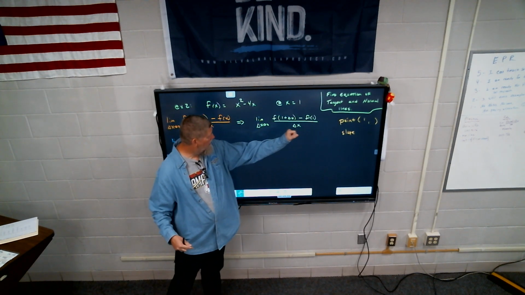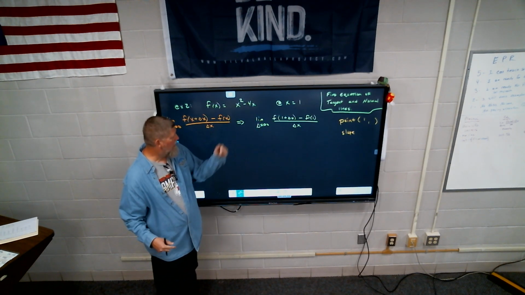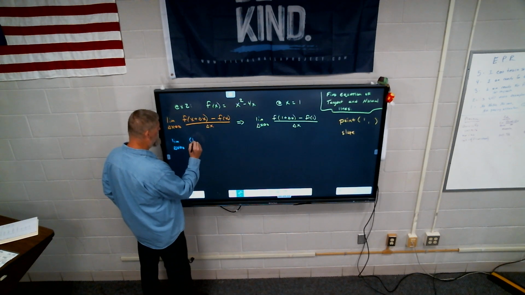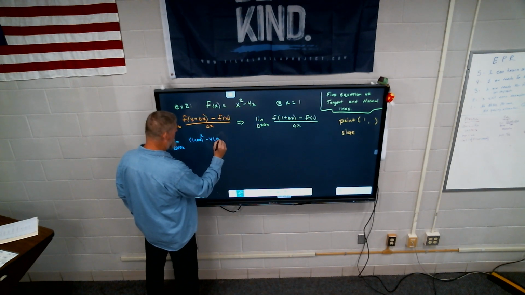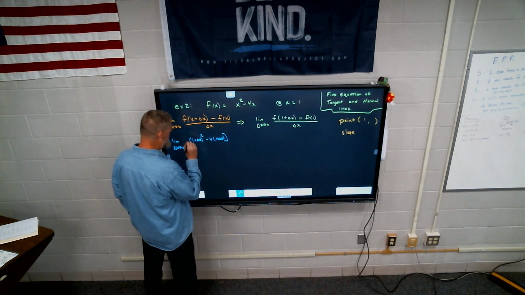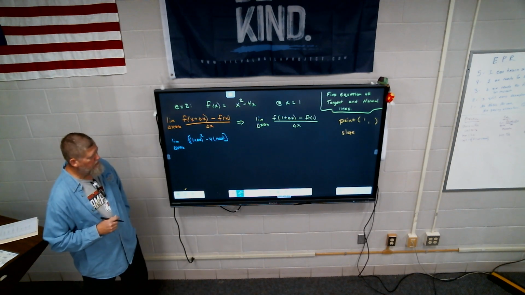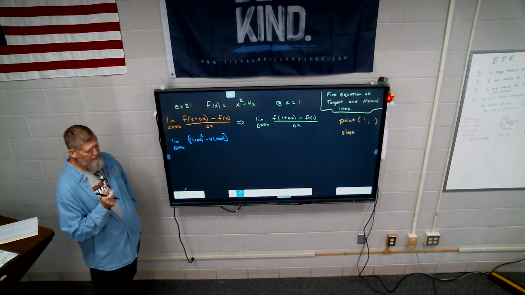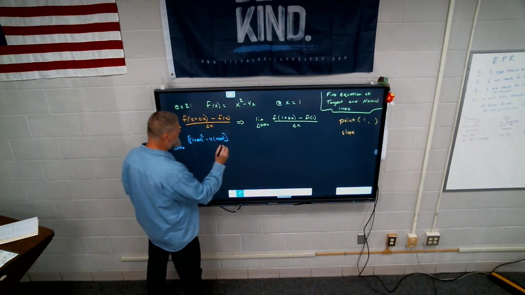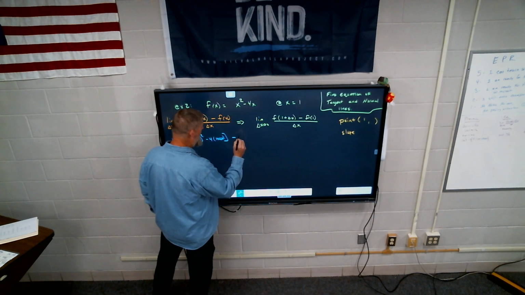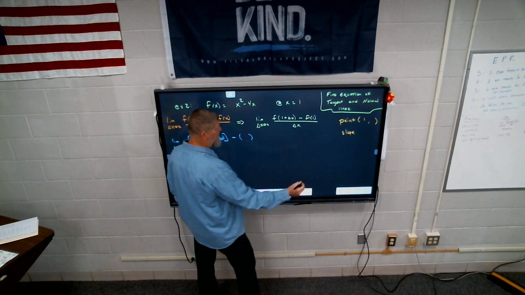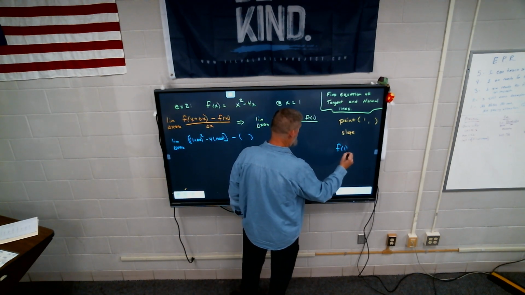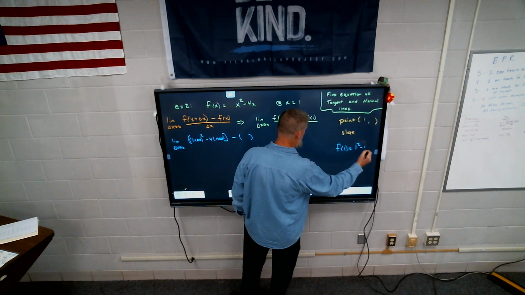So I'm going to go 1 plus delta x squared minus 4 times 1 plus delta x. Okay? So that's the first one. That's plugging in 1 plus delta x for the function. And then minus, what is f of 1? F of 1 is going to be equal to 1 squared minus 4 times 1.